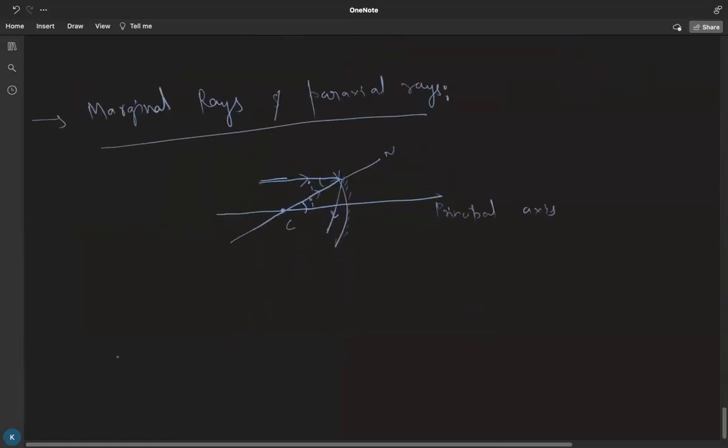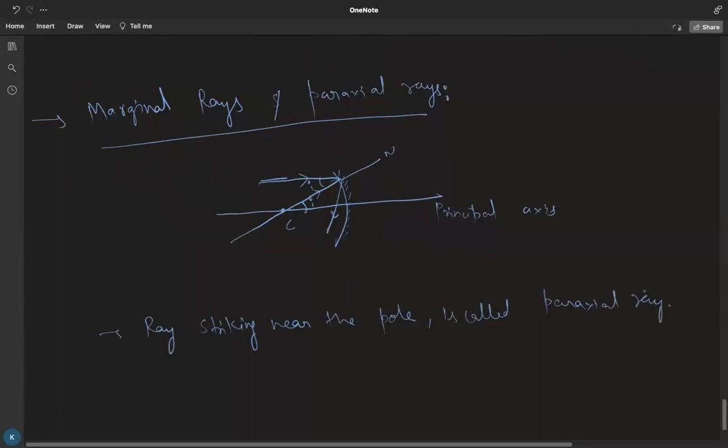Here there are definitions, terms which are defined. The ray striking near the pole is called a paraxial ray.